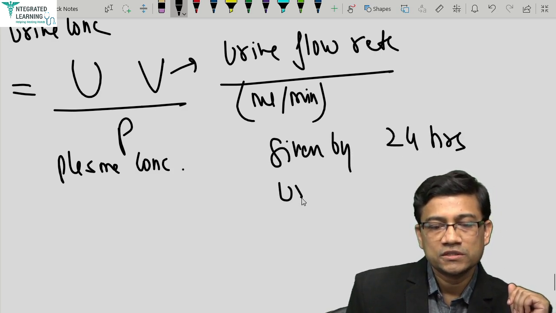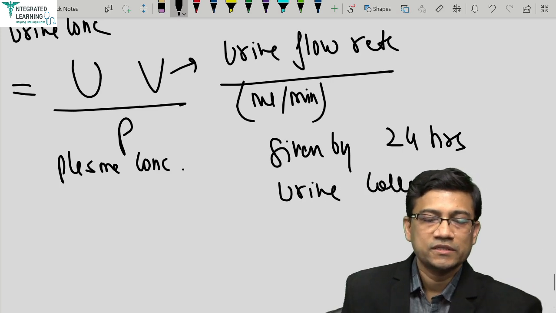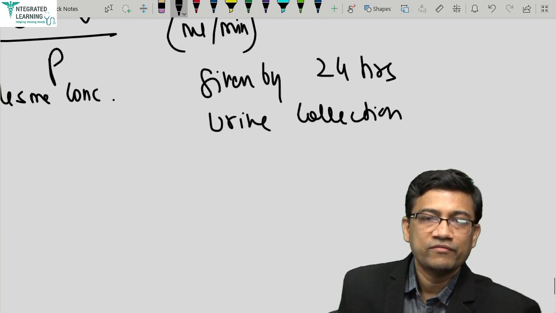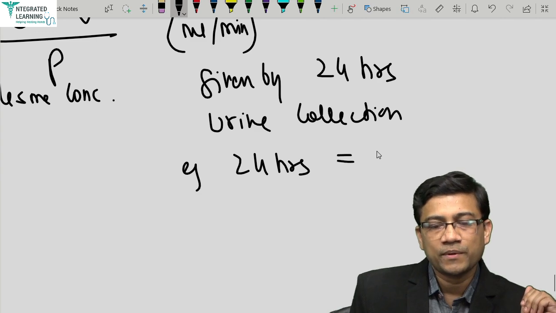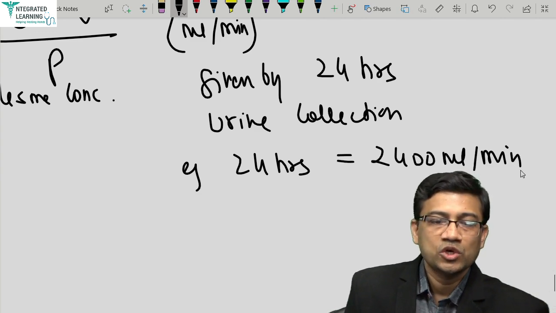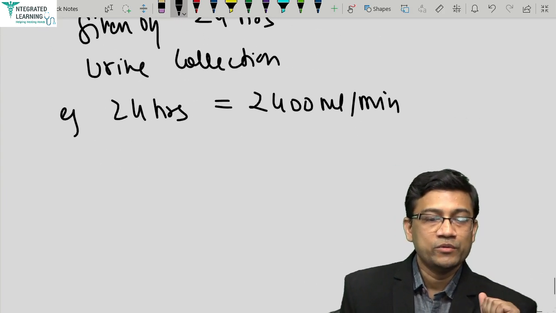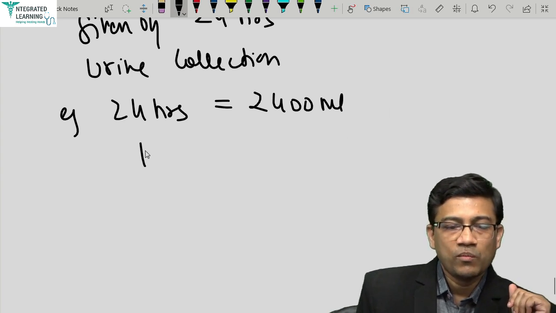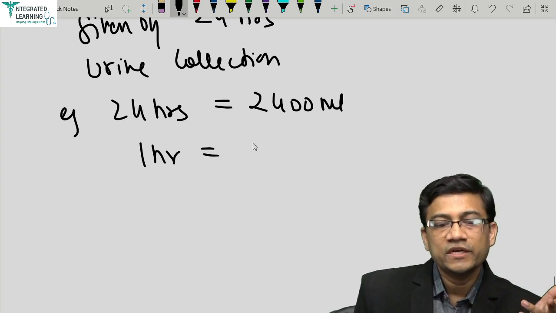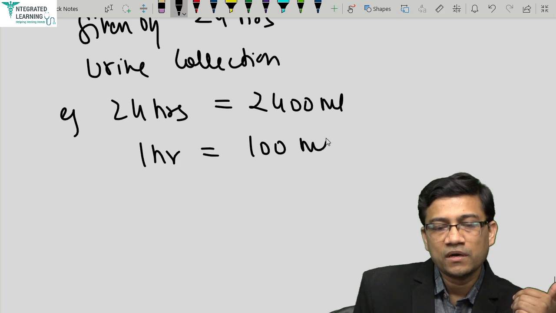It is given by 24-hour urine collection. Example, let's say in 24 hours the person makes 2400 ml of urine. So how much in 1 hour? Obviously 100 ml per hour.